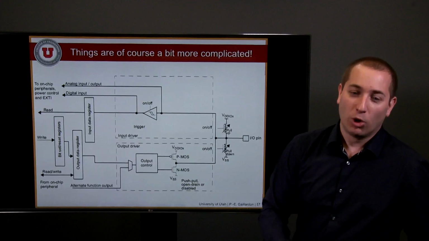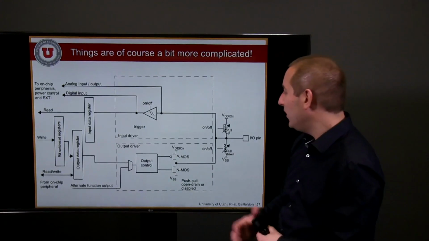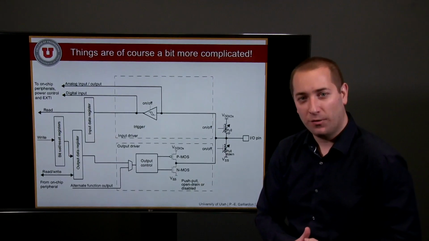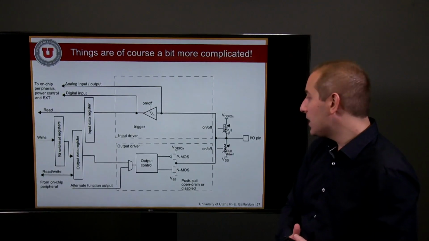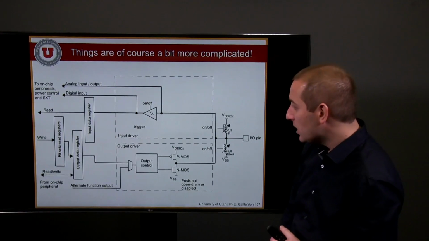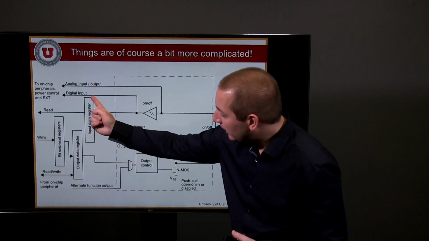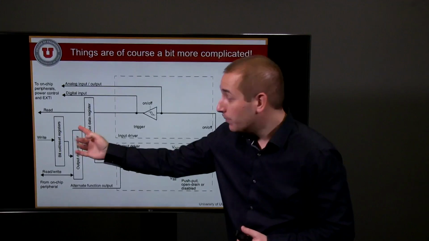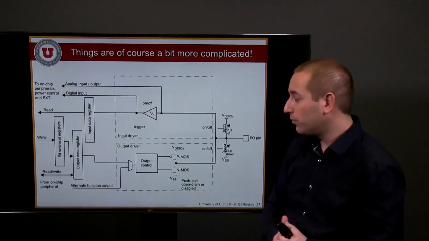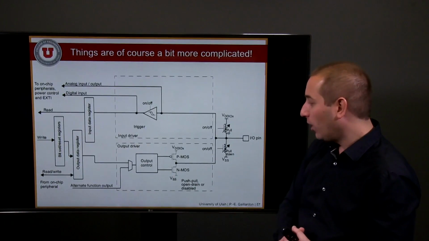Things are obviously a little bit more complicated than that. This is coming from the technical documentation of our processor. And as you can see, we still find the general concept I just mentioned. We do have our input data register and output data register that are directly interfaced with the bus from the processor.